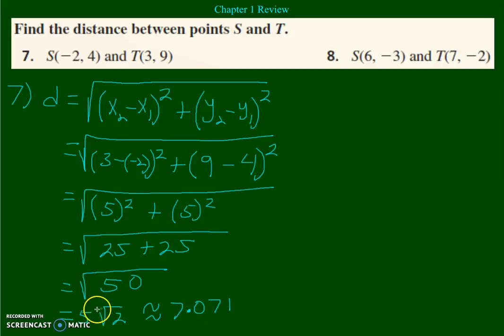For information on how to simplify these radicals, see my video on simplifying radicals.